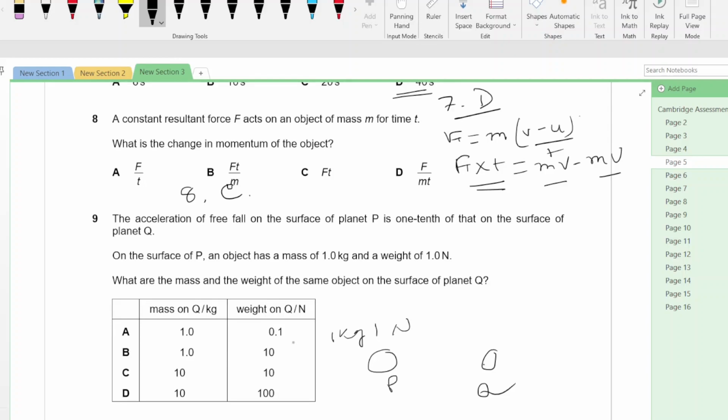What are the mass and weight of the same object on the surface of planet Q?